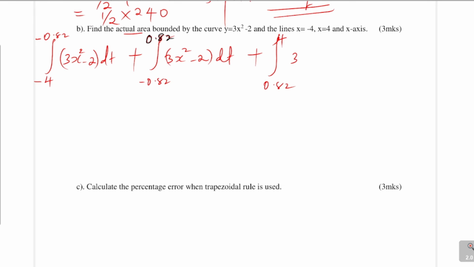Like that. So that is the area that we need to get.